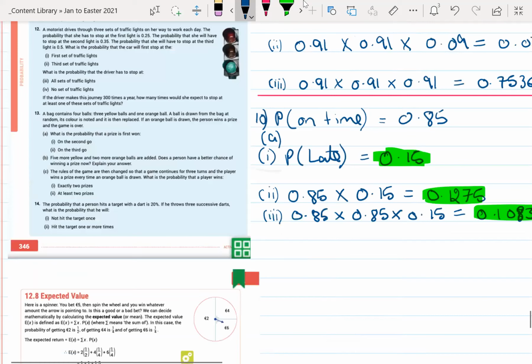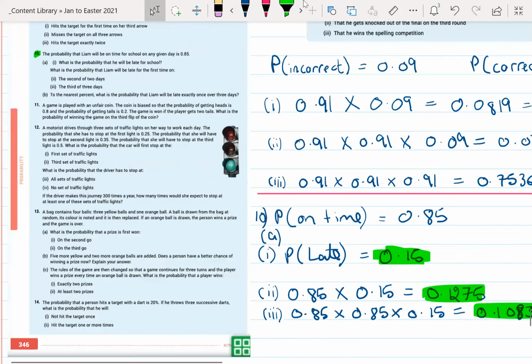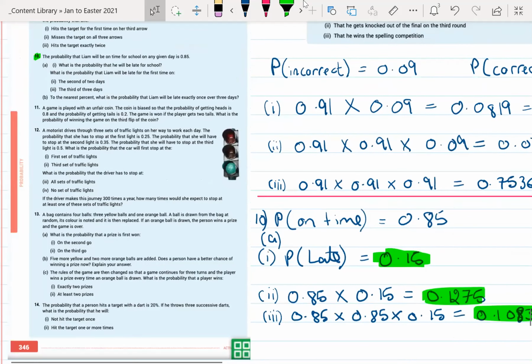Now, what's part B? To the nearest percent, what is the probability that Liam will be late exactly once over the 3 days? So how many ways could this happen?